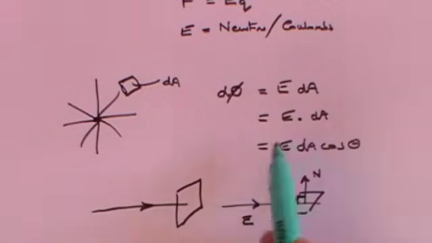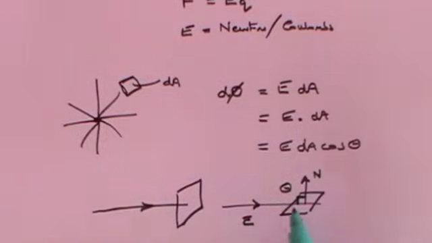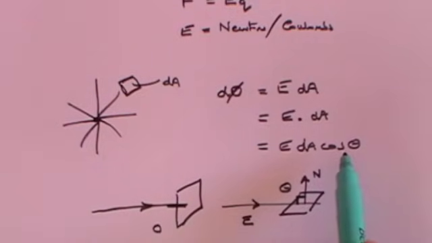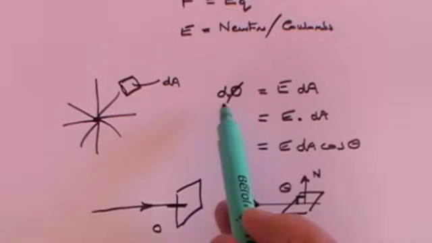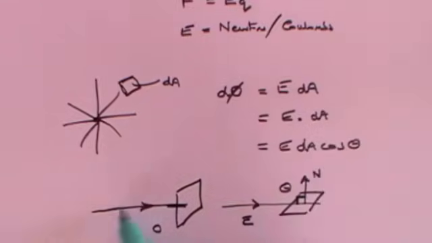So this whole term becomes 0, and so the flux going through the window is 0. When the angle between the normal, which of course will now point in that direction, and the E field is 0, cosine theta will be 1, and so you now get maximum flux, E dA, passing through the window.